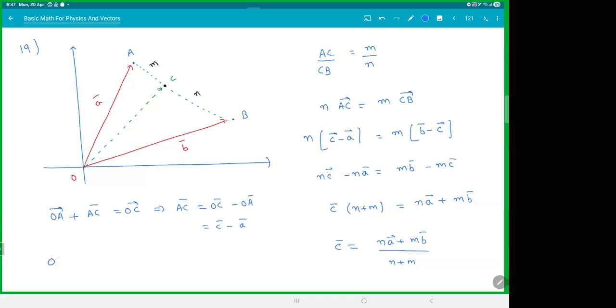Similarly, OC bar plus CB bar is OB bar. This is the triangle law, right? O to C, C to B is as good as O to B. So from here we get CB bar is OB bar minus OC bar. This is B bar minus C bar. So in case someone is confused what is final minus initial, you can also show the same thing with the triangle law.